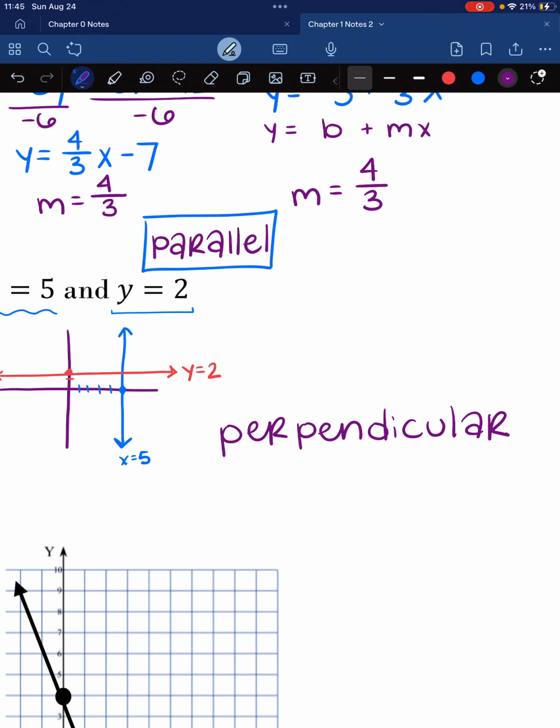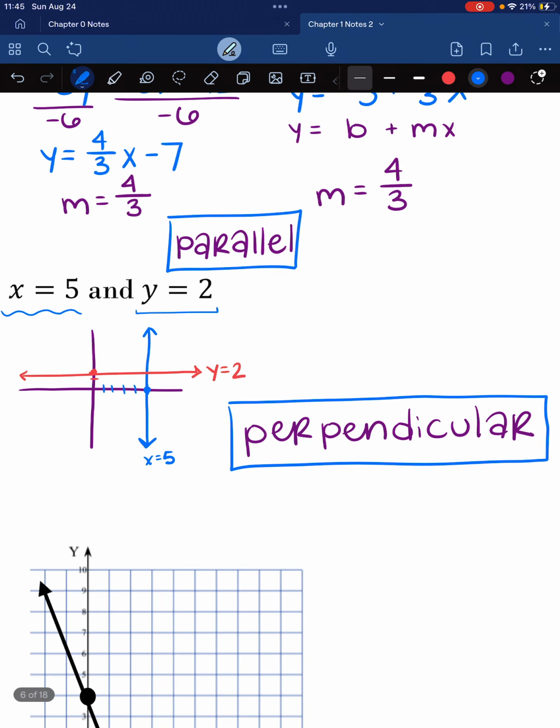I kind of want to pause for a second, because how is that possible? I told you that perpendicular has to have opposite reciprocal slopes. And I know that the slope of a horizontal line is, let me write that in purple, m equals 0, but my vertical line is m equals undefined. Are those opposite reciprocals of each other?